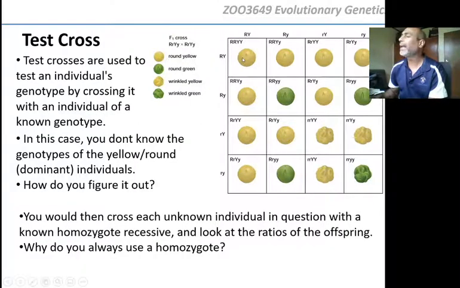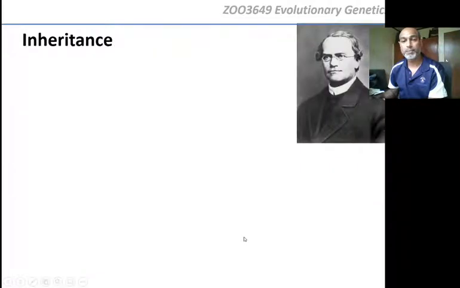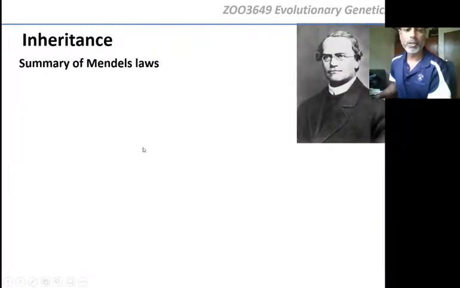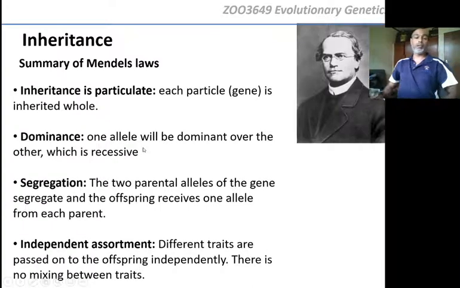I would not have gotten any yellow. So that's why you use this homozygous recessive to tell the difference.